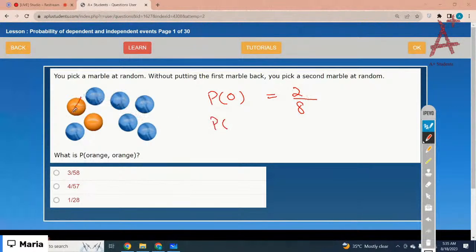For the second time, because you didn't put it back, you have 7 options now, and just one of them is orange. So just multiply both the probabilities. That would be 2 over 8 times 1 over 7. 2 times 1 is 2, 8 times 7 is 56, so it would be 1 over 28. The correct option is 1 over 28, right?